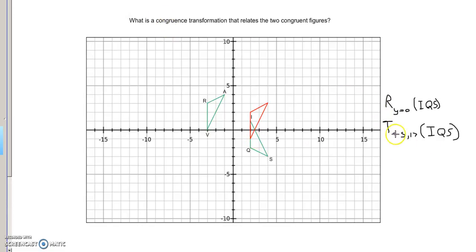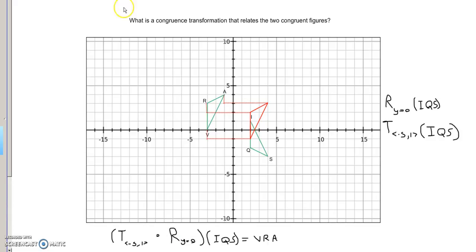Right here I have the translation written out as -5 units in the x direction, so that would be 1, 2, 3, 4, 5, and then 1 in the y direction. I plot that point there, this point there, and this point there, therefore completing our congruence transformation. Again, you would need to change this into the correct format, which I'll put right here.